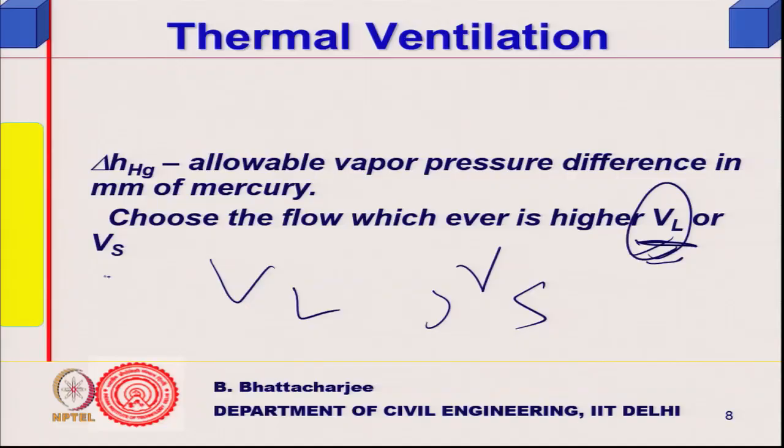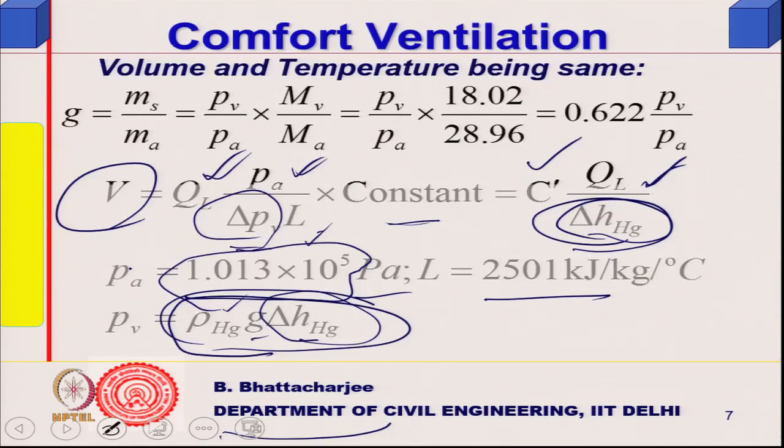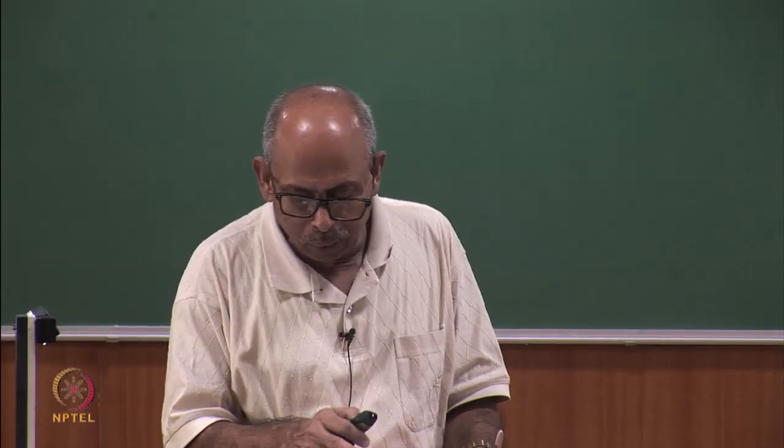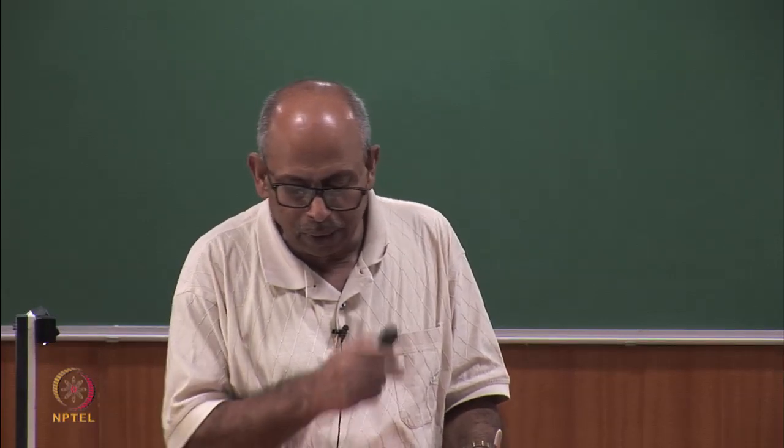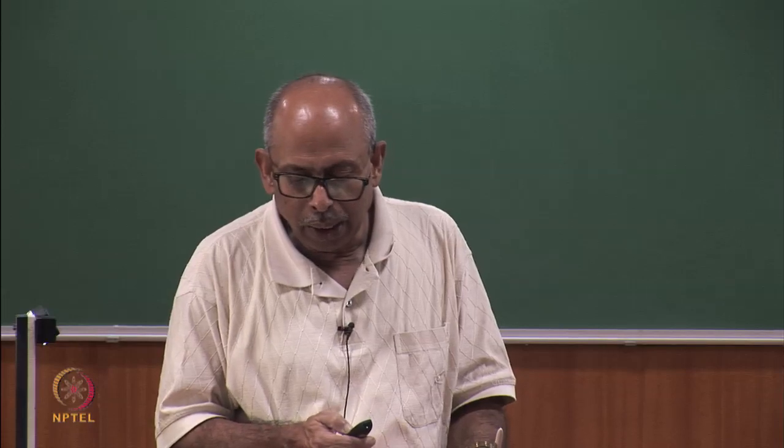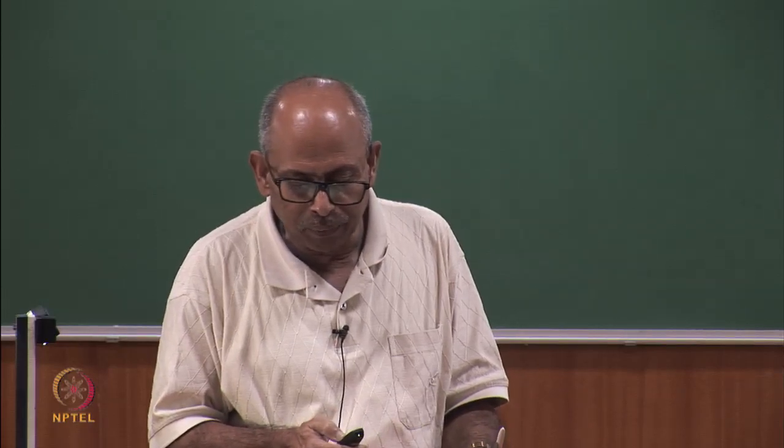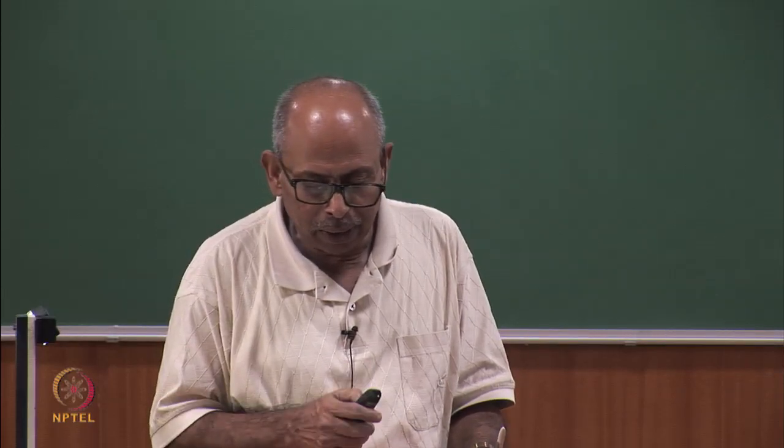So, either VL or VS, as we have calculated, VL we calculated from this formula, VS we calculate from this formula. So, whichever is higher, that you choose, and that is what is good enough for our purpose for natural ventilation.